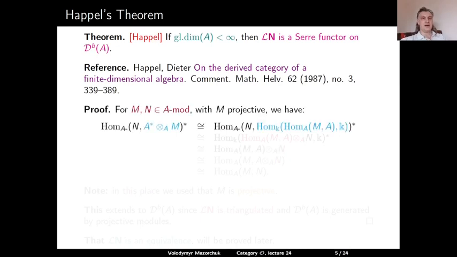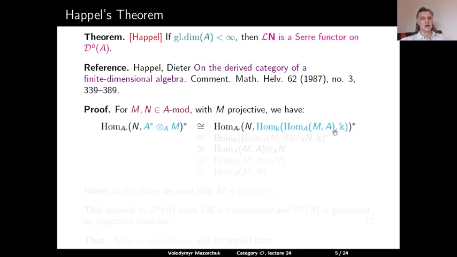For any pair M and N of A-modules, where M is projective, we have the following: Hom over A from N to A star tensored over A with M, and then taking the dual, is isomorphic to, in this first step, we rewrite the second argument using the alternative description of the Nakayama functor.